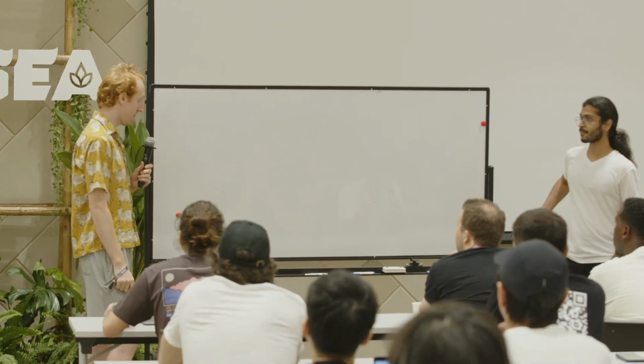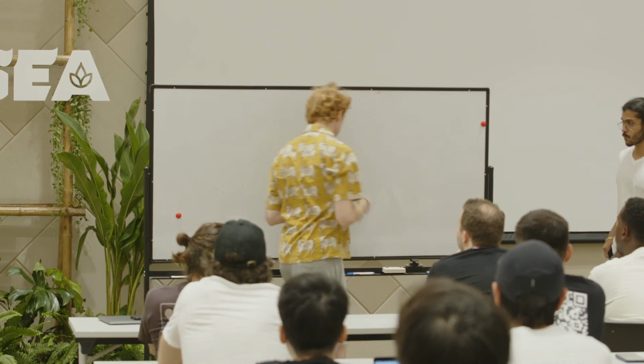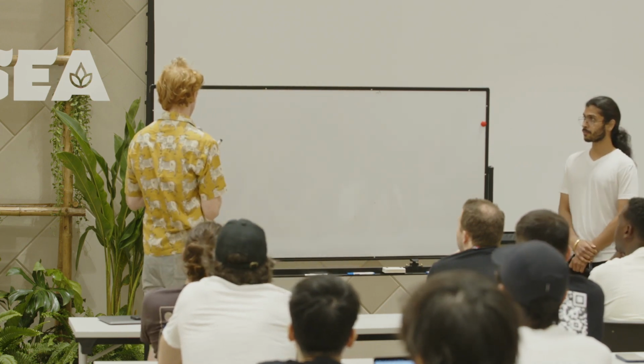Let me start with my piece about I/O and why it's useful. I talked about this a little bit earlier. What do we want to do when we do I/O? We want to take a circuit, some kind of computation that we want to do, that has some inputs and some outputs.